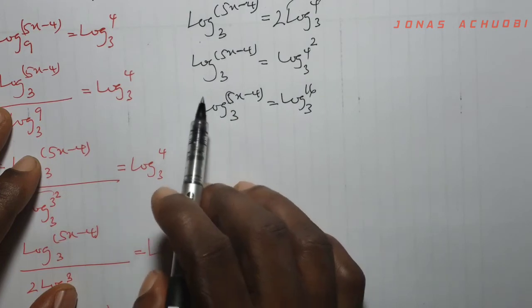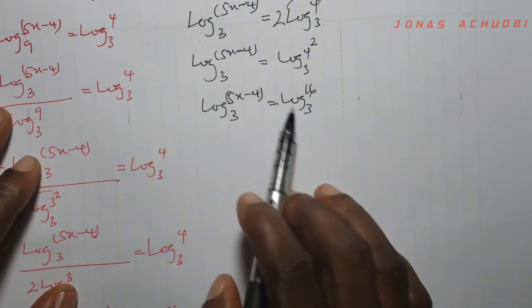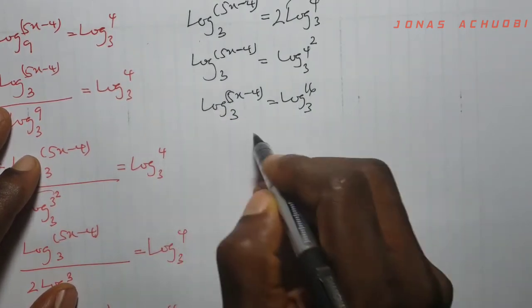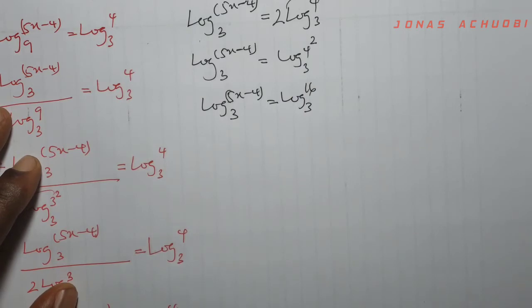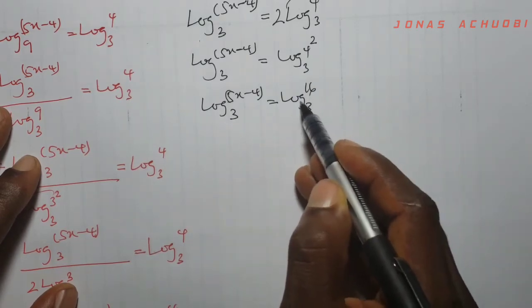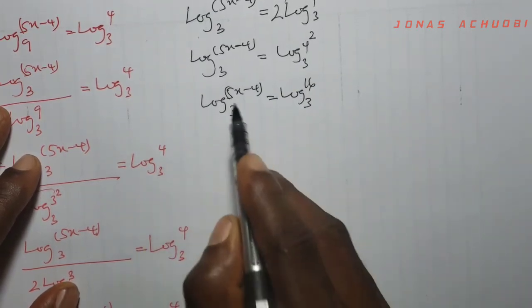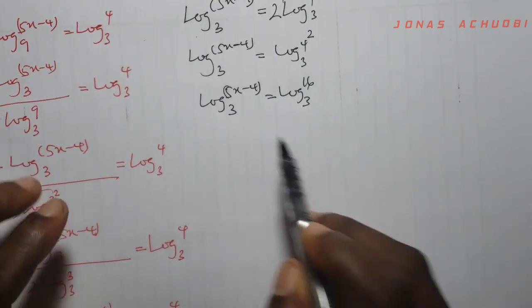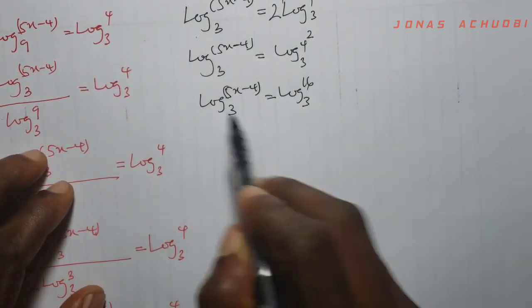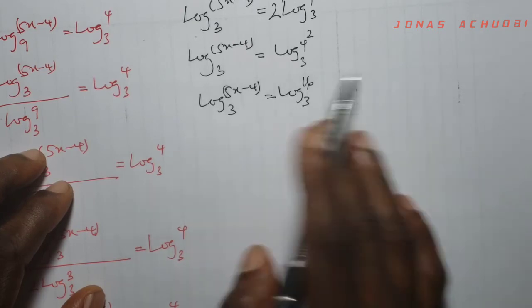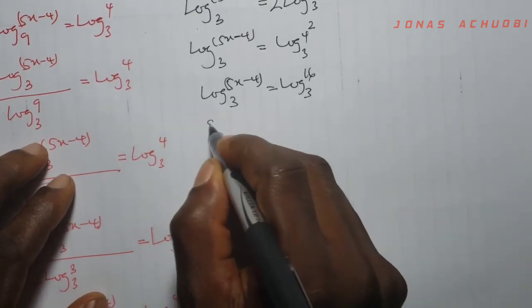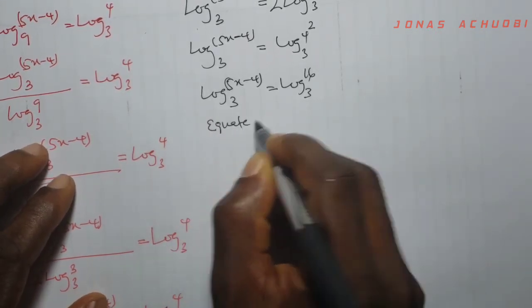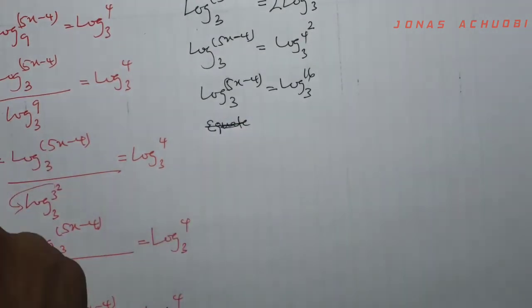The left hand side now is log base 3, the right hand side is log base 3. Since both sides have log base 3, I can just cancel the logs and equate the arguments.